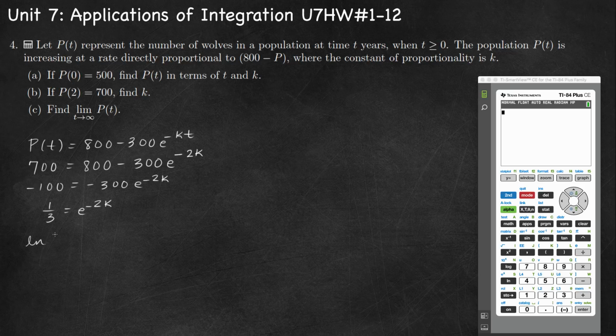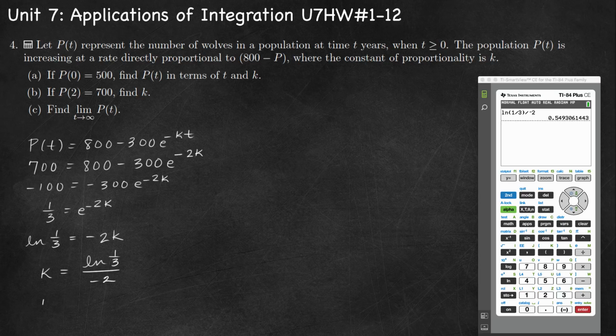Then I can take the natural log of both sides, and I get the natural log of 1/3 equals negative 2k, and then divide by negative 2, so k equals the natural log of 1/3 divided by negative 2. So let's simplify that. ln of 1/3 divided by negative 2 gives me 0.549.